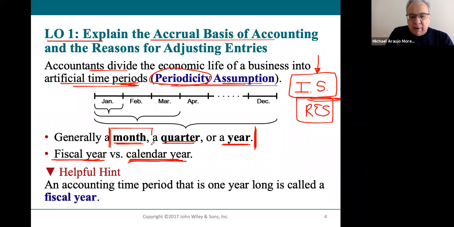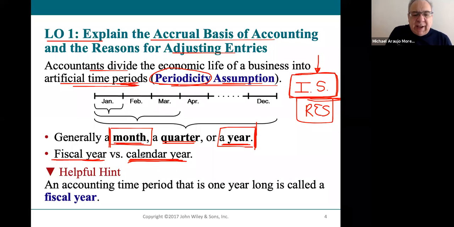The shortest period we measure is a month. That's important to know. The longest period we measure is a year. And we have to keep these records separate year to year to year. In order to keep those records separate, we have to basically close out our income statement accounts. Our revenue and expense accounts at the end of every year need to be adjusted to reflect the next year starting at 0.